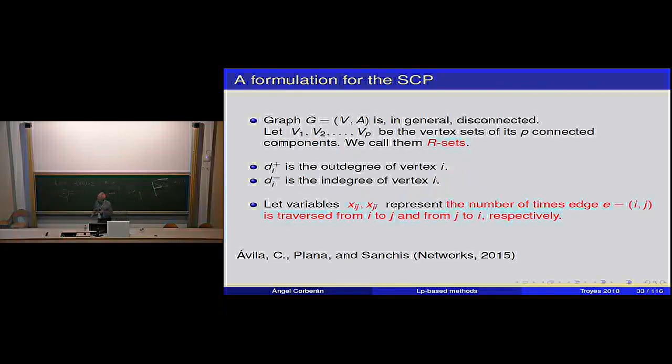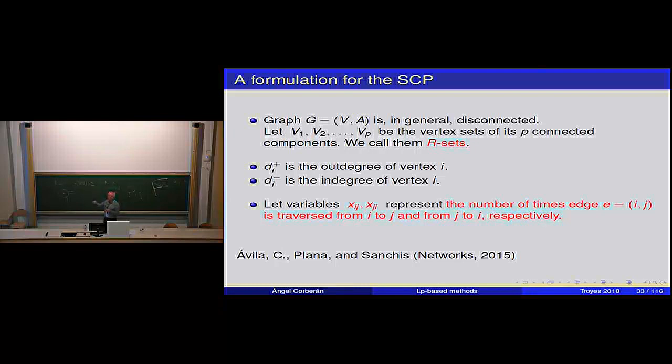For formulating it, we take the graph defined by the arcs corresponding to the crane movements, which is in general disconnected, and we call the sets of vertices associated to these connected components required sets.